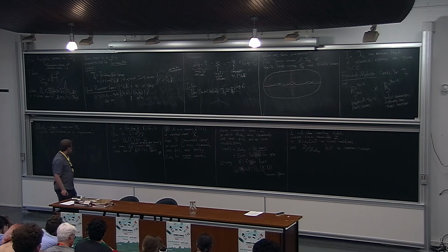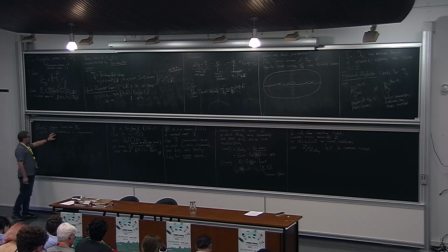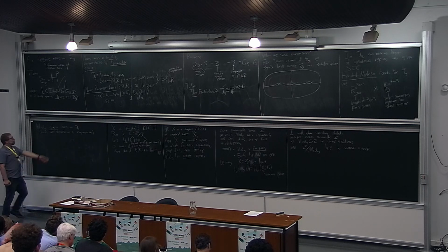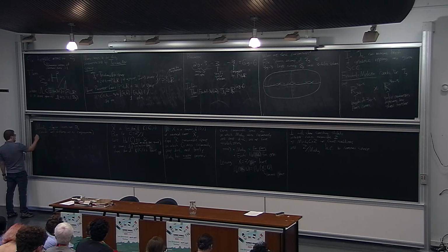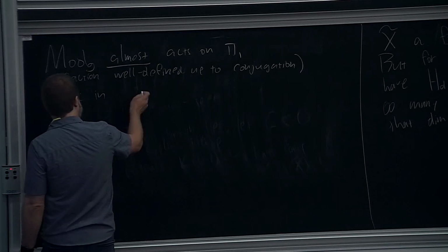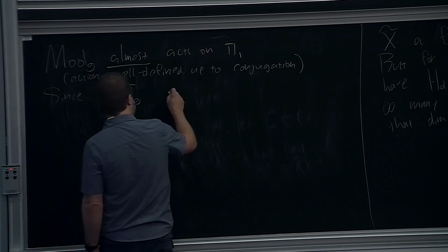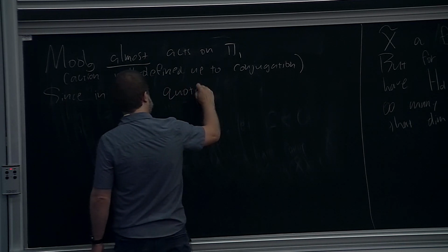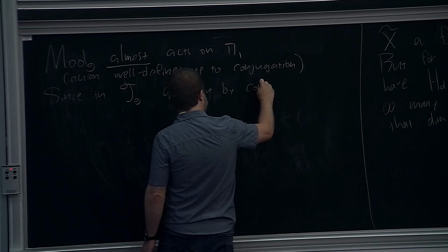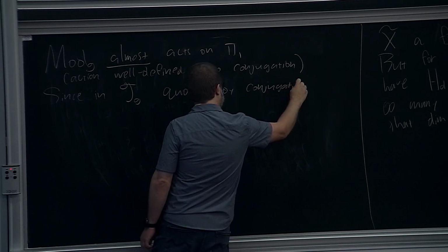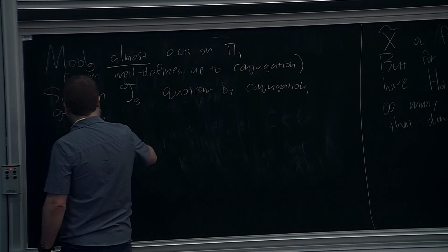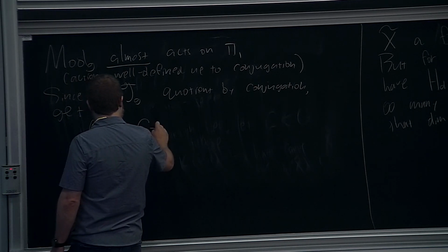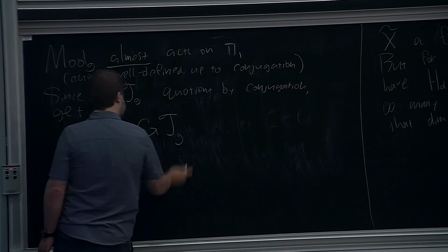So, in any case, this action is well defined up to conjugation, but I'm quotienting out by conjugation. In fact, that's very important right there, right? Because I'm quotienting out by PSL2. So since in Teichmuller space you quotient by conjugation, you get an honest to goodness action of the mapping class group on Teichmuller space.